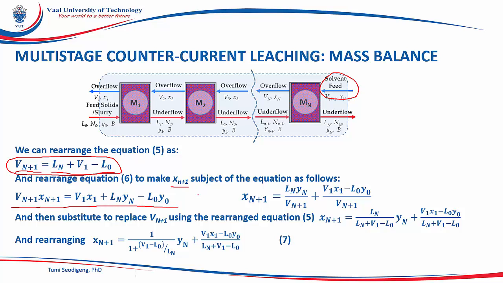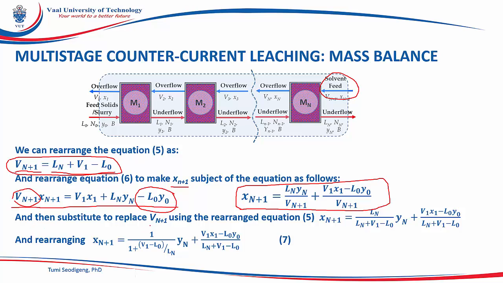We have now taken the balance of the component in the slurry feed to the right hand side, and then we only have the solvent feed on the left hand side. Then we can divide by the total solvent flow in the feed to find this equation, which now has the composition or the mass fraction of the solute in the solvent feed as the subject of the equation.